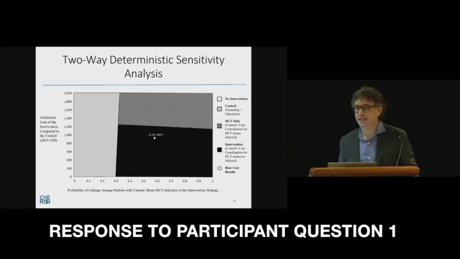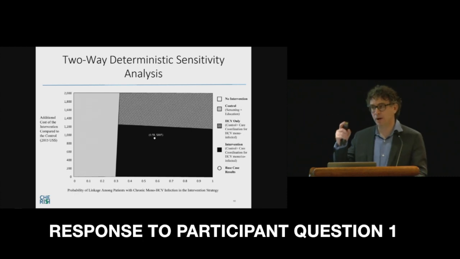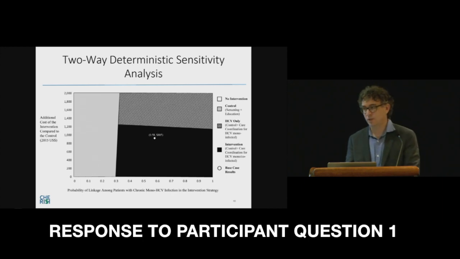So the base case, think back when I went through all the steps and we built the model, and then I said we have to populate it with the probabilities that go into the various branches. So the base case is our best estimate of everything, right? If there's 150 parameters in our model, we're going to hit the data or the literature, our various data sources, and we're going to come up with an estimate of every single parameter in the model.